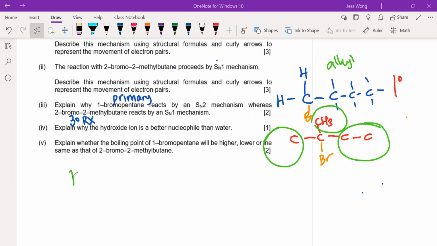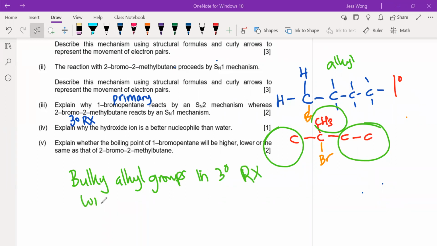Therefore, the bulky alkyl groups in the tertiary halogenoalkane will present steric hindrance to the nucleophile.